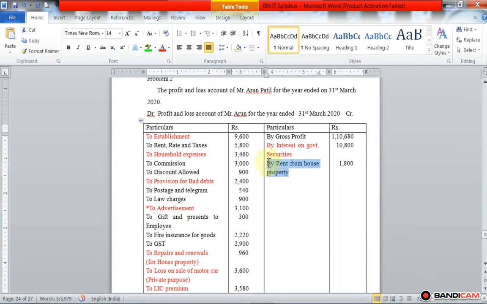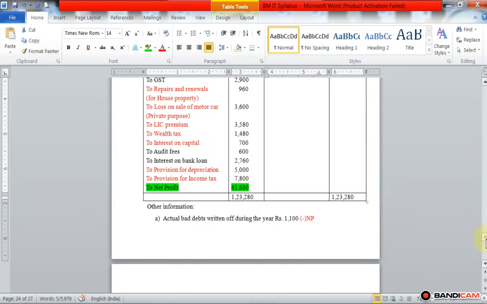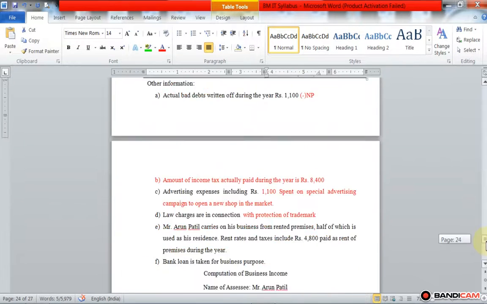Same as rent from house property, it is also income from other sources and is not considered income from business. So here we find business income and business expenditure, as well as expenditure and income which are not related to the business. Now we solve this problem.